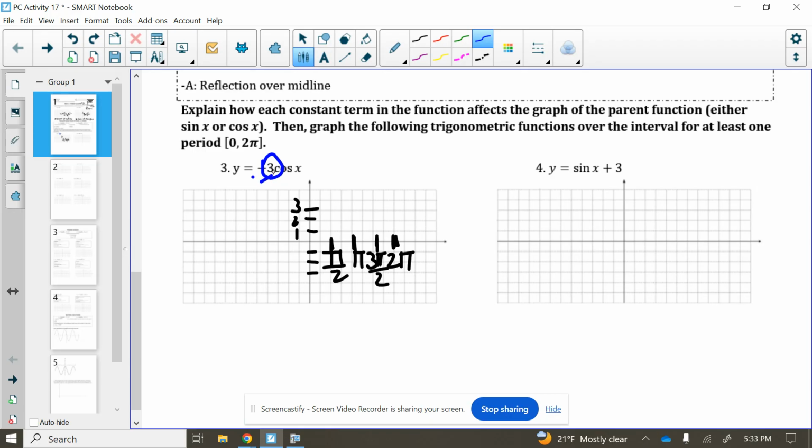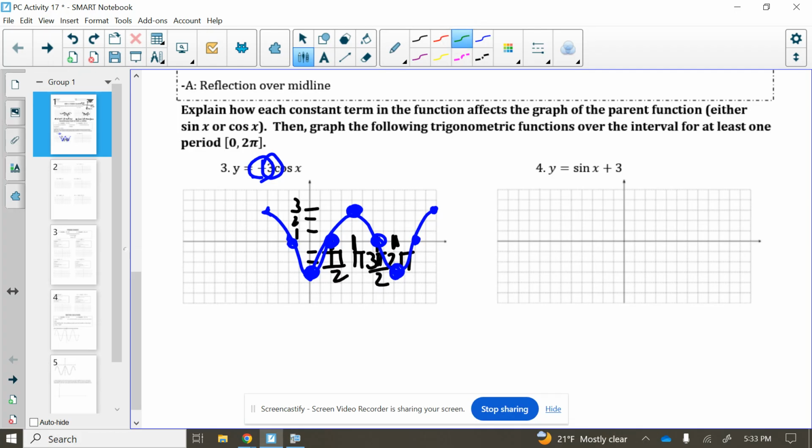But because this is also being reflected, we're actually going to start down at negative 3, go back to our midline at 0, up to our max at 3, back down to 0, back down to our min. So we see this reflected cosine graph. We can keep this pattern going in each direction if we want, but we just need to see one full cycle each time in order to complete our graph.